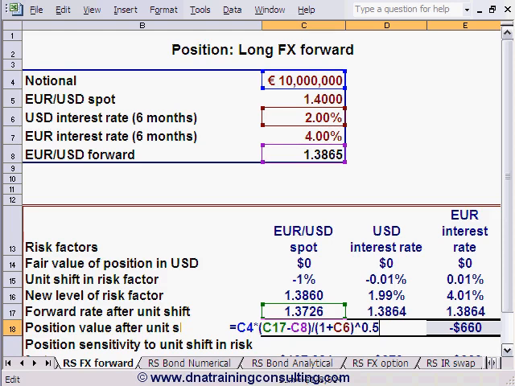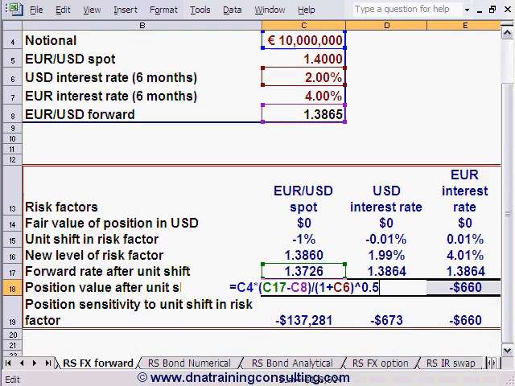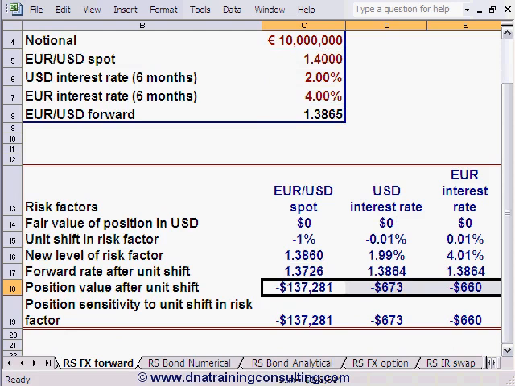Given its initial fair value of 0, the position sensitivity to shifts in the risk factors appearing here in cells C19 to E19 is quite simply equal to the position value after these shifts.